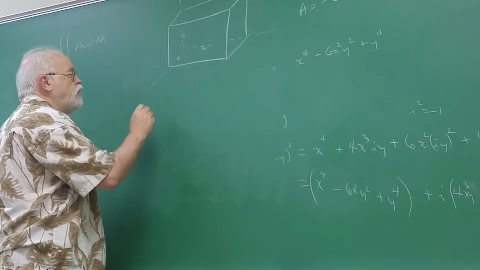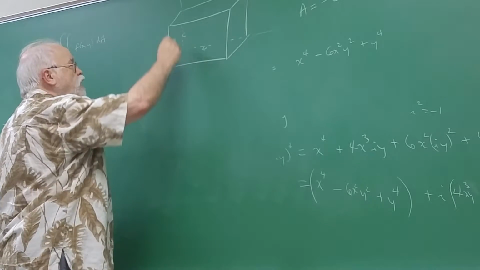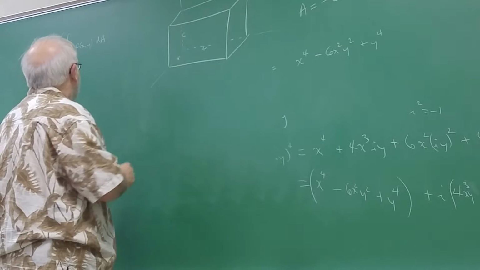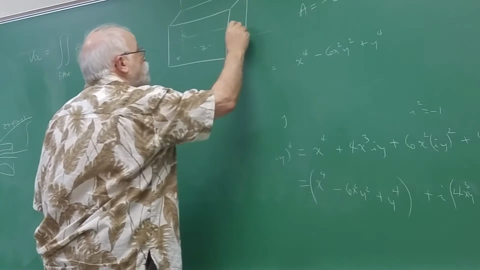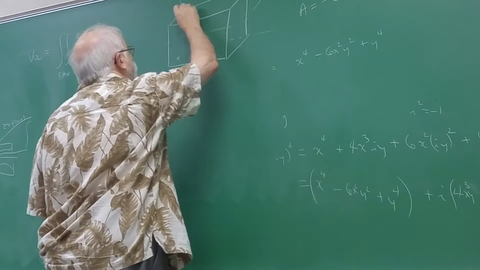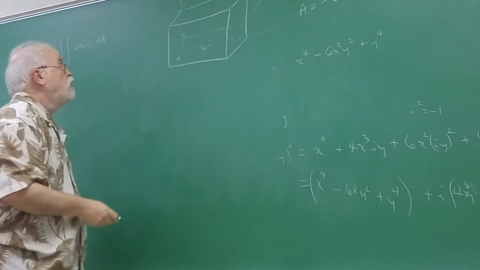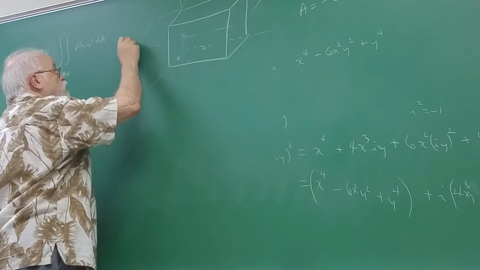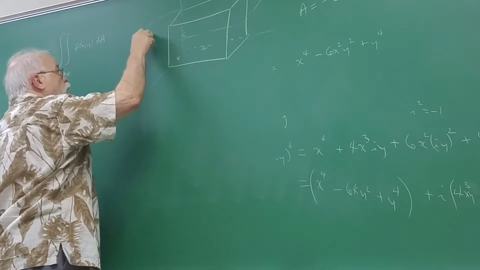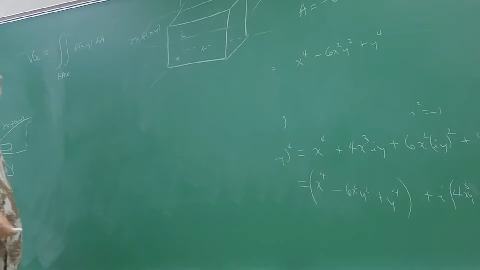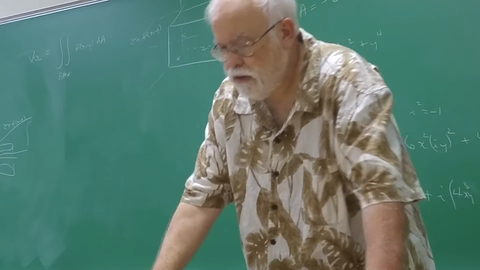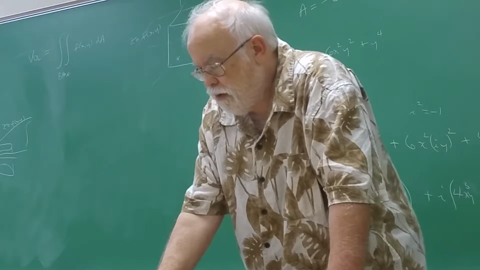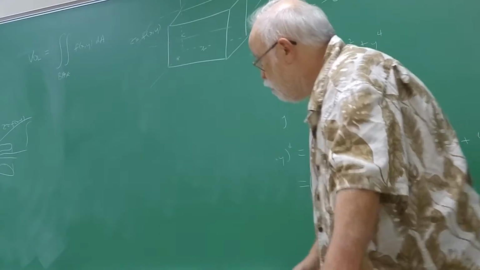So I need two things. I need to figure out what this bottom region is, and I need to figure out what the surface is. This surface up here is z equals f of xy. What will my function be if I just want the top plane of that box? Z equals some number.